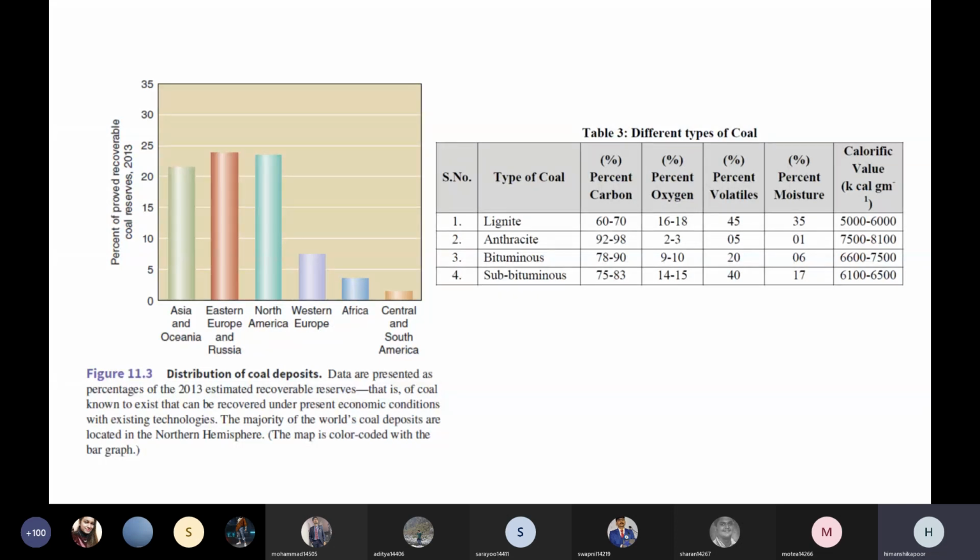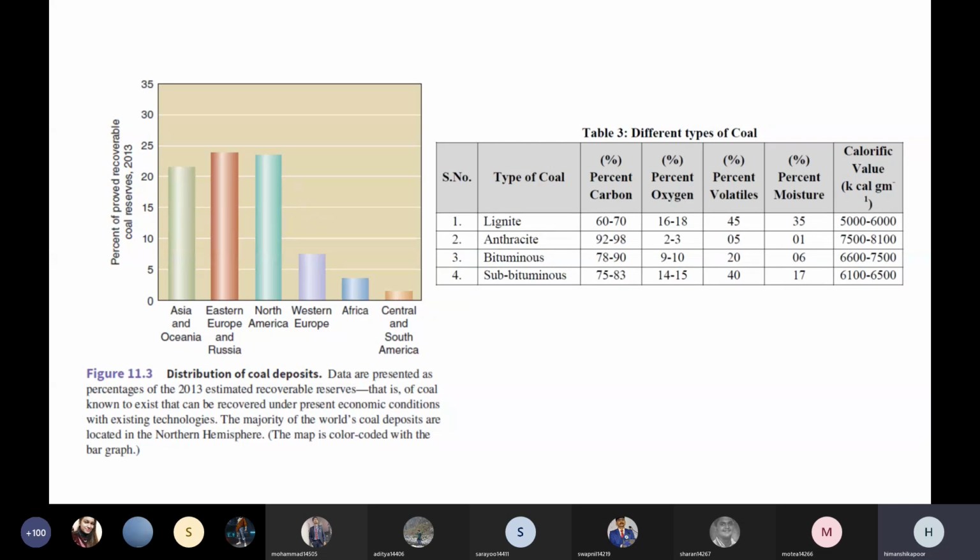Although coal was used as a fuel for centuries, not until the 18th century did it begin to replace wood. Until the 18th century, wood was the dominant fuel in the world. After that, coal came into the picture, and then it had a significant impact on human history.